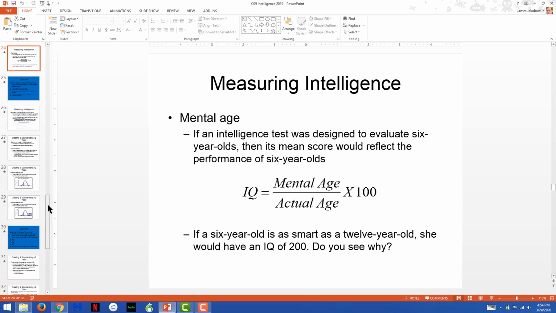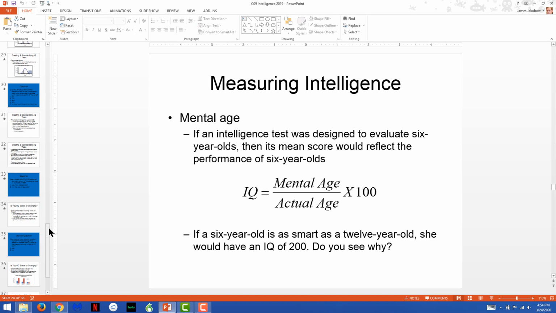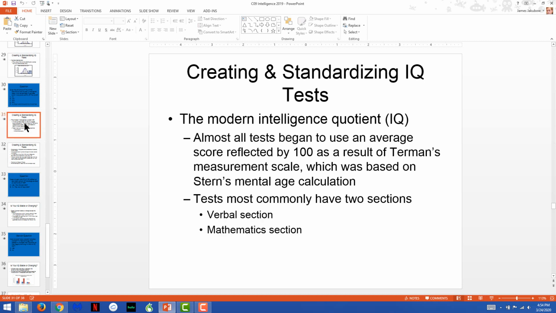So many intelligence researchers have kind of held to that same format today, but it doesn't have to be. The SAT, as I mentioned, which is a form of IQ test, has traditionally had a value of 500 as its average. There are other types of IQ tests which have wildly different averages. You simply select a number and make that your average.